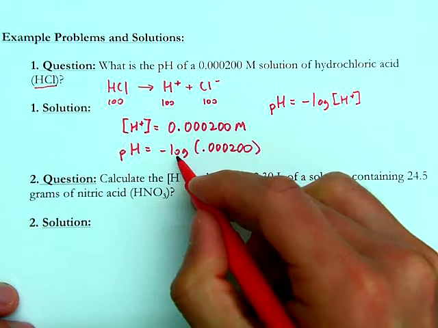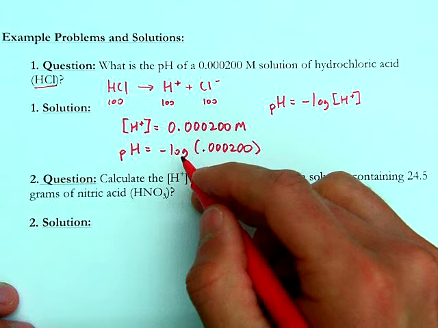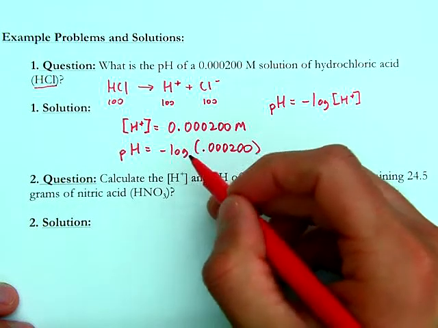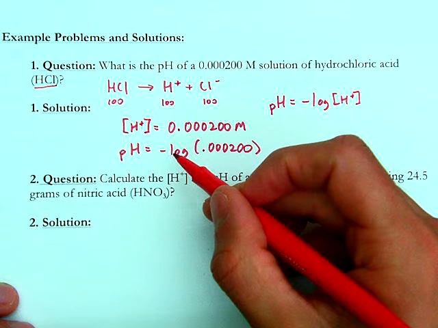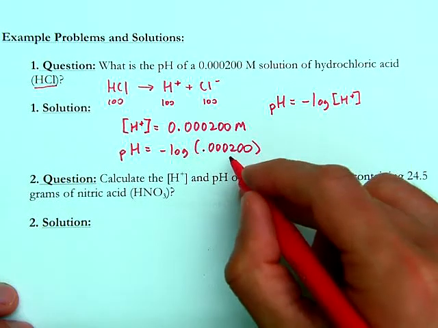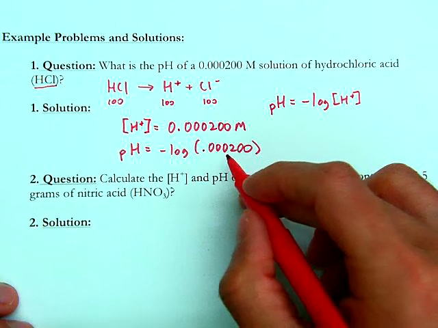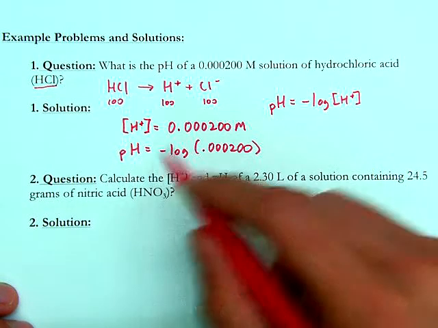Now, this log, what's called a common log or a base 10 log, is the power to which 10 must be raised to yield that number. So when we're doing this, we're thinking 10 needs to be raised to what power to get this number? And it's going to be negative.